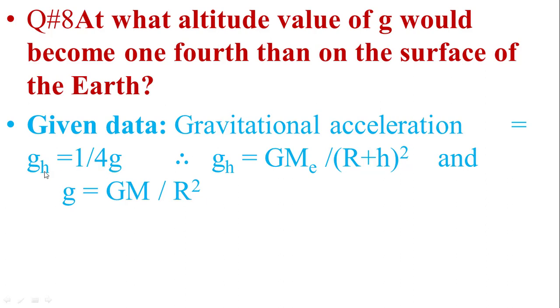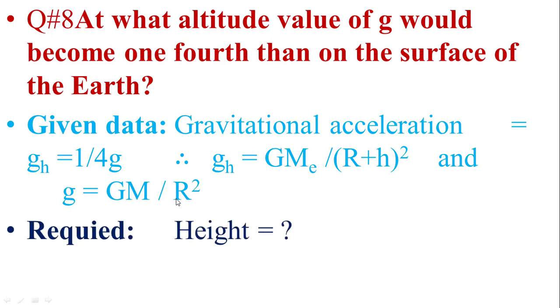And we know that g_h, gravitational acceleration at height h, is equal to G M_E upon (R plus h) whole square, and the value of small g on surface of Earth is equal to G M_E upon R square.